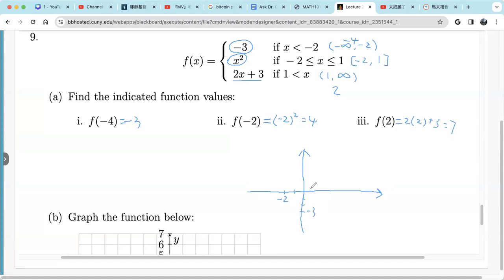This is -3. Right? But -2 is not in the domain of the first piece. -2 is in the second domain, but not in the first domain. So what do we do? We have to start with -2, so we draw an open circle. So this is f of x equals -3.